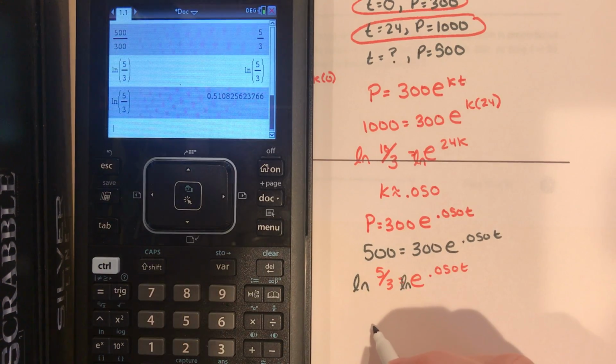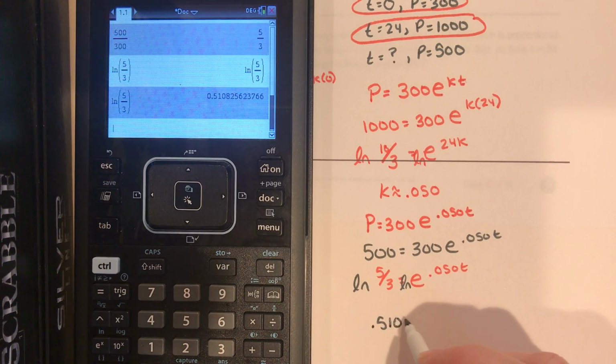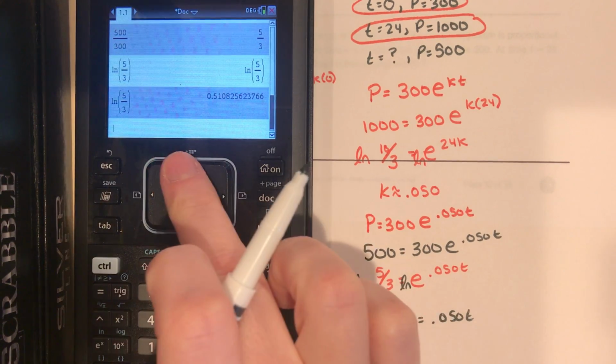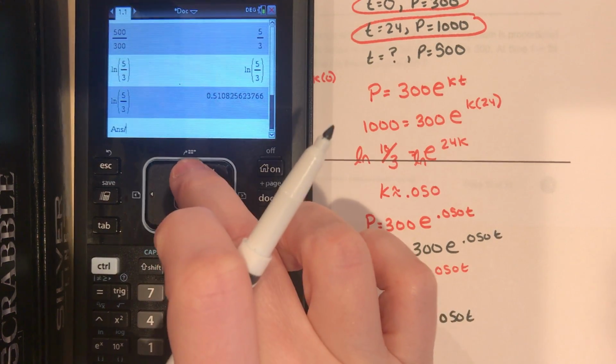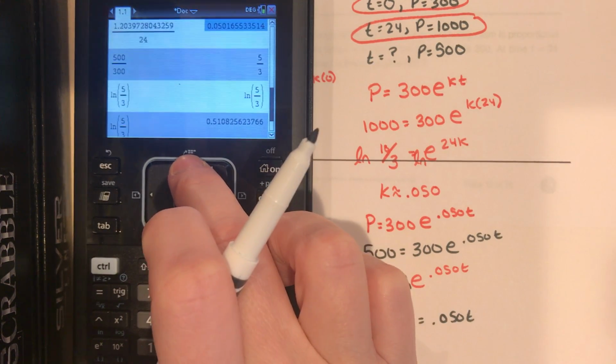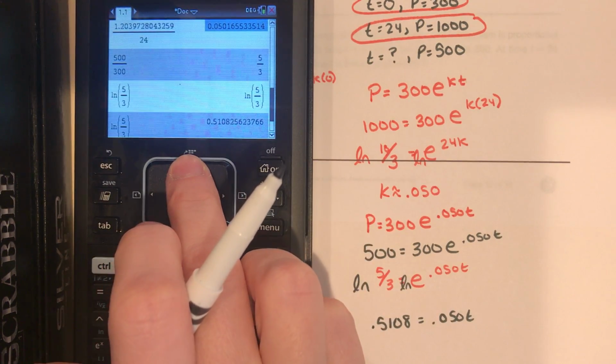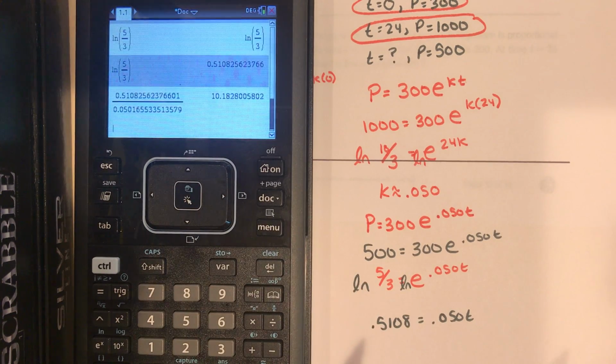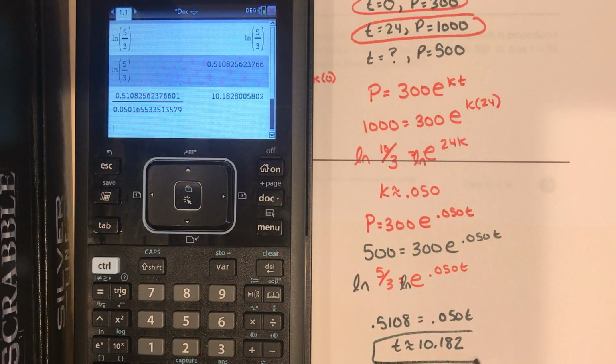That gives me 0.5108. And I'm going to divide that by the decimal we got earlier. So I'm going to pull that up, the 0.050. Divide, I get 10.182. So there's my final answer.